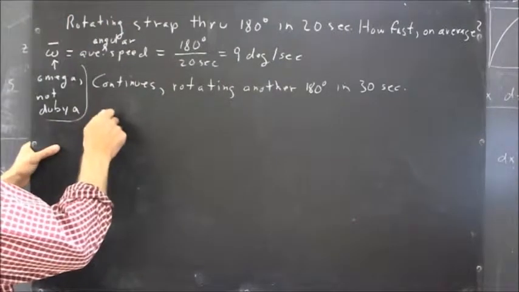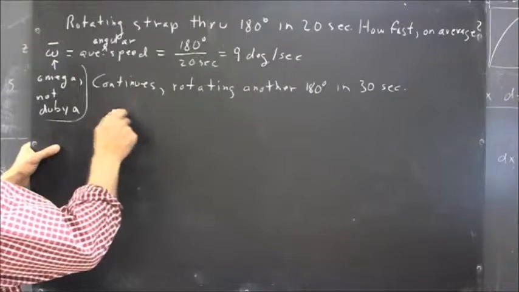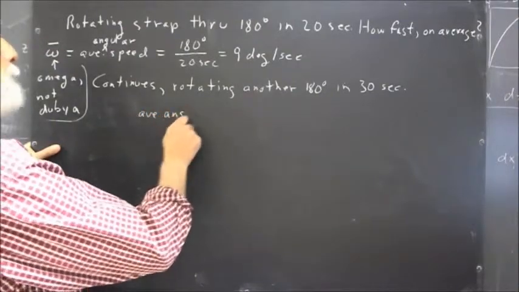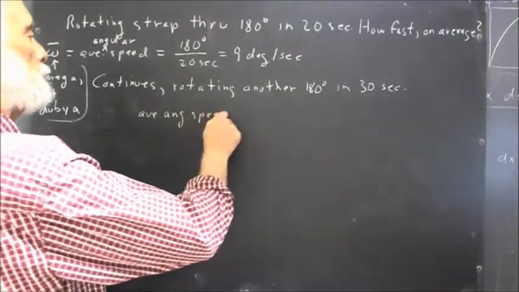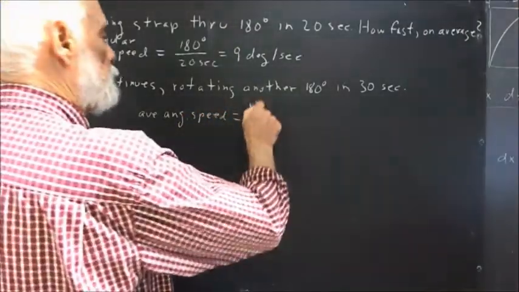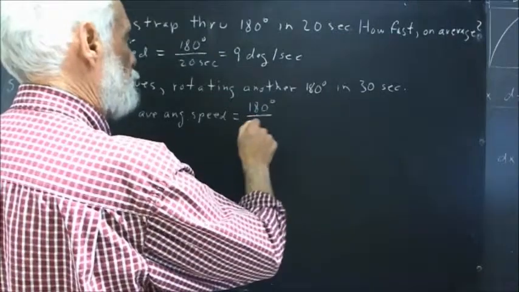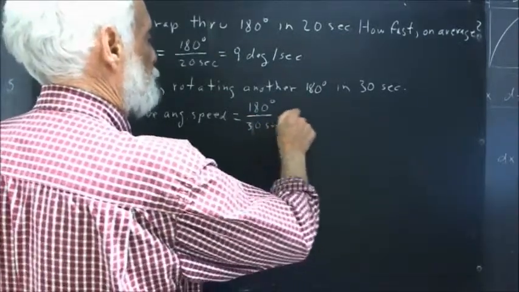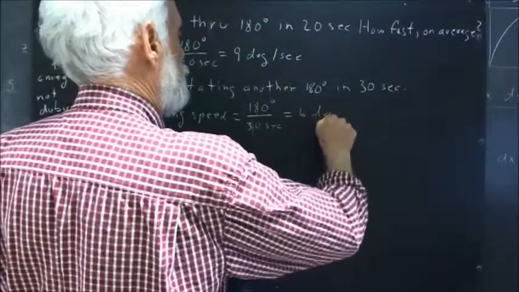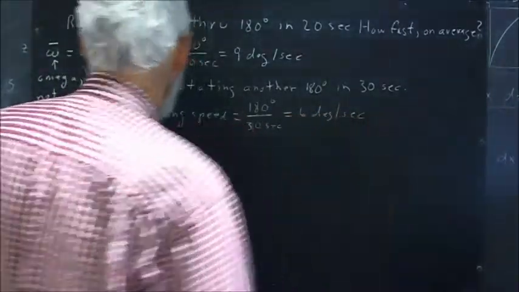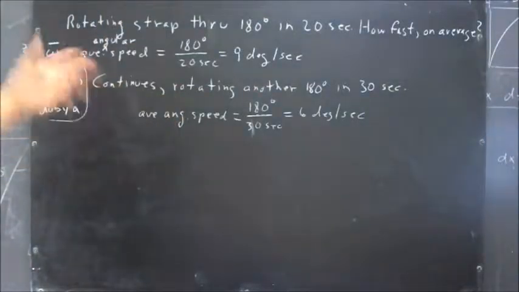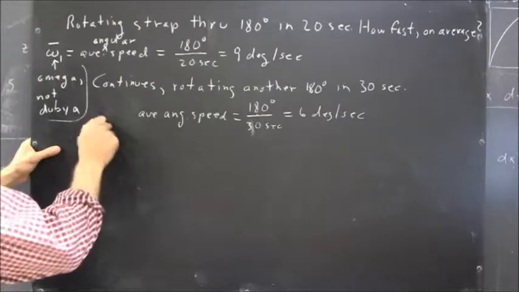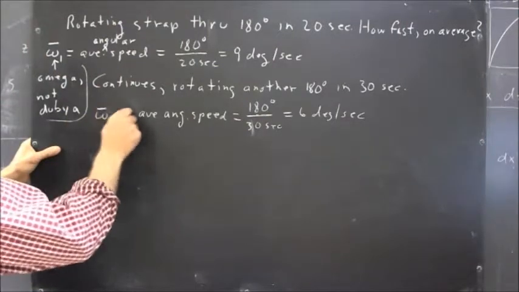Well, the obvious answer is, in this case, your average angular speed is 180 degrees over 30 seconds, or 6 degrees per second. Well, now we have two phases of motion, and we better put some subscripts in this. We'll call this omega 1 bar, and we'll call this one omega 2 bar.